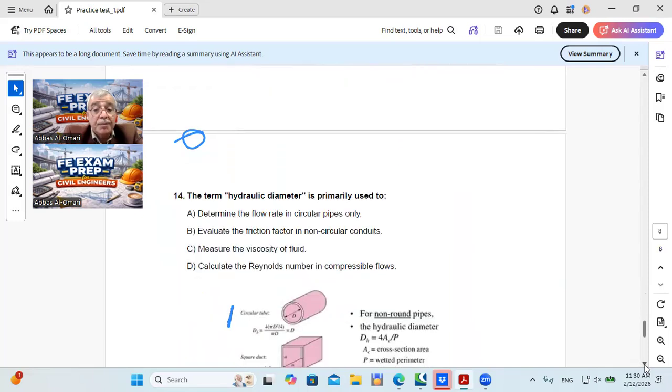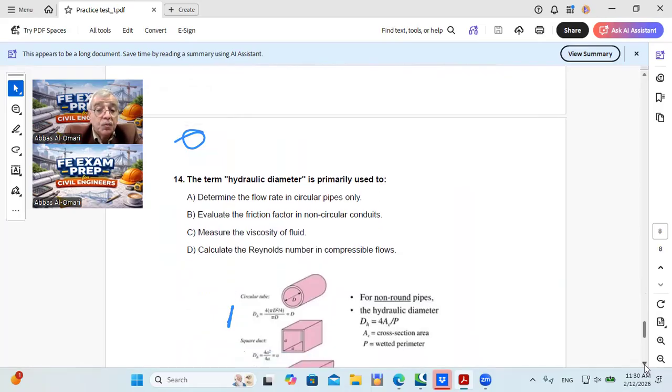The term hydraulic diameter is primarily used to. Now, hydraulic diameter, when we determine the friction factor, for example, for pipe flow, most of the time we use circular pipes.